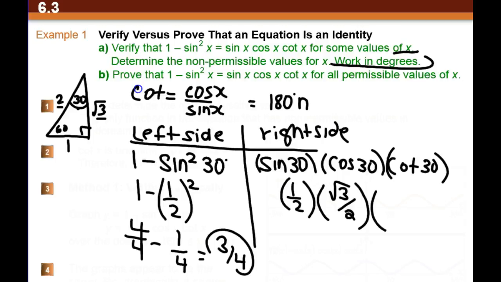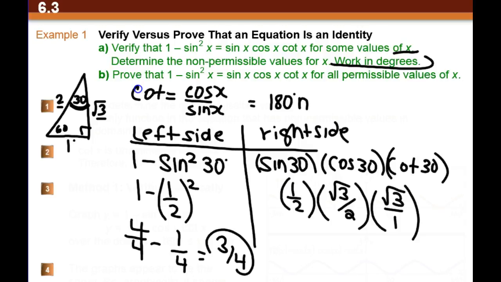Okay, and then we can find cot 30 by just going what tan 30 is and finding the reciprocal. So tan 30 degrees, we'd start from here, and tan is opposite over adjacent, which is 1 over root 3. So cotangent has to be root 3 over 1.